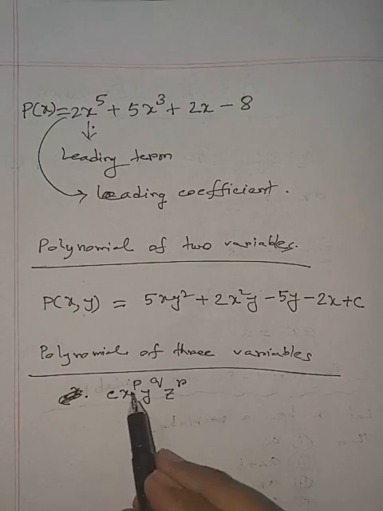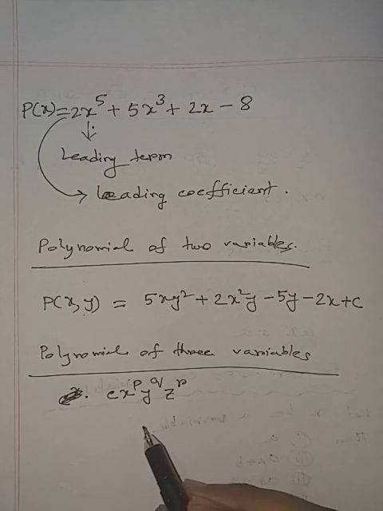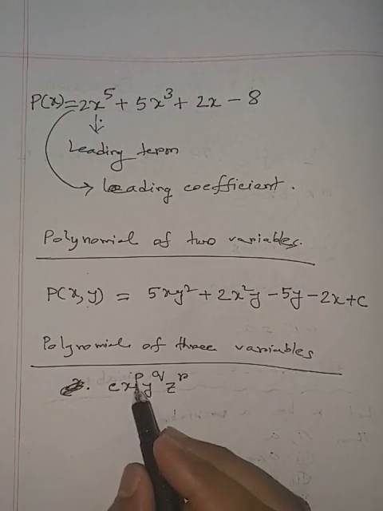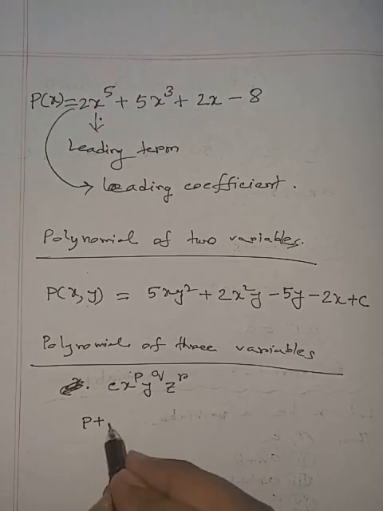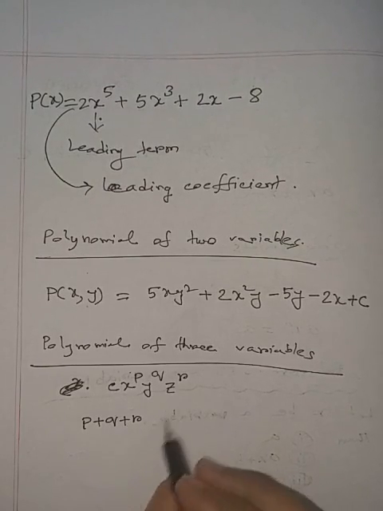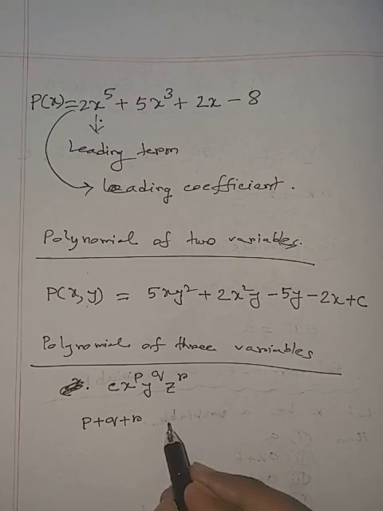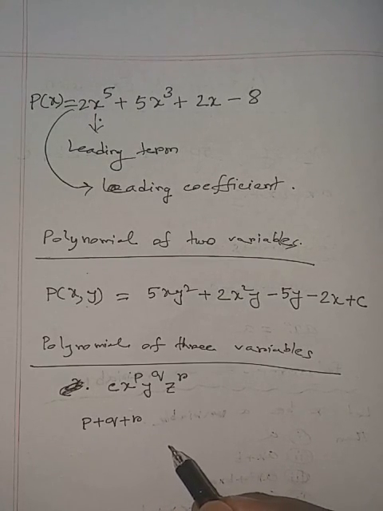So the degree of the polynomial will be the sum of the powers, that is p plus q plus r. The term which has the highest sum of powers will give the degree of the polynomial.